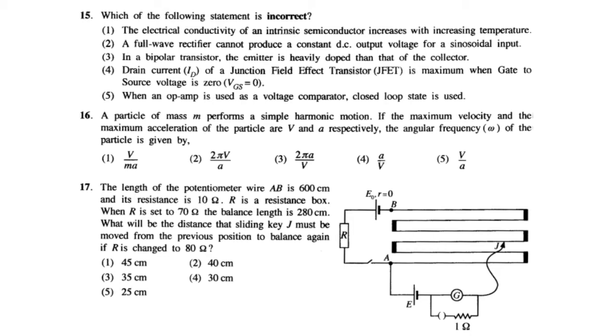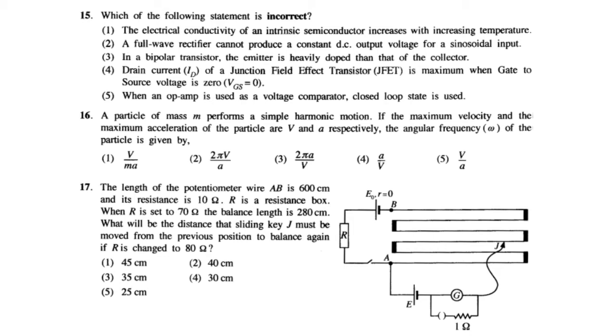So the potential drop across the potentiometer wire varies with the change in the currents in the two instances. Suppose V1 is the potential drop across the potentiometer wire AB when capital R is 70 ohm, and V2 when capital R is 80 ohm.